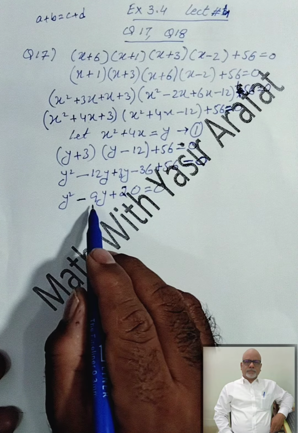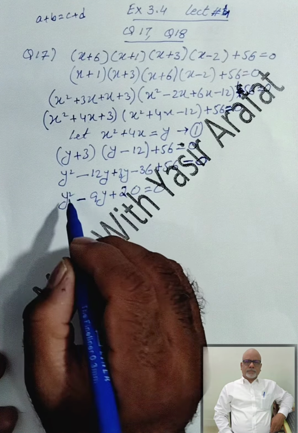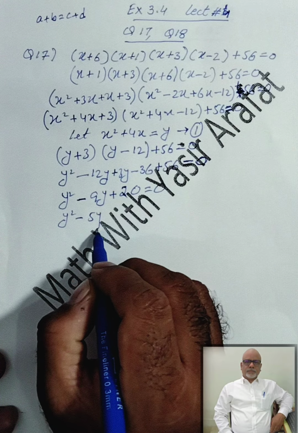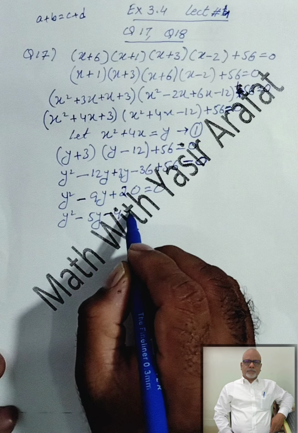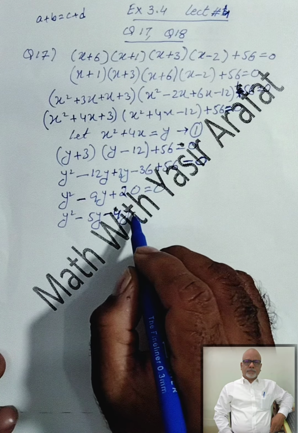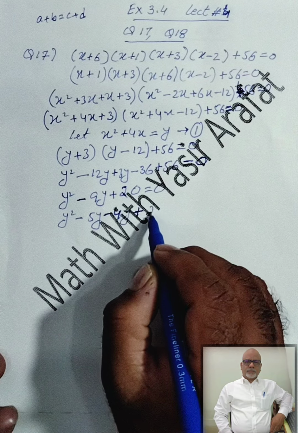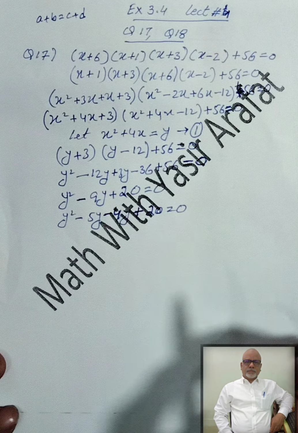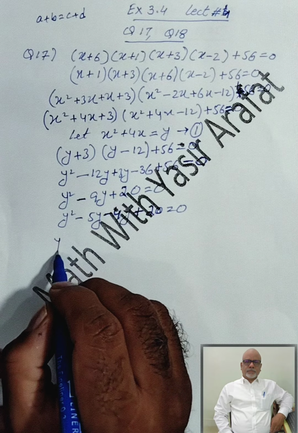Now we have to do middle term breaking here. You can apply the quadratic formula as well. 5 fours are 20, so minus 5y minus 4y plus 20 equal to 0.